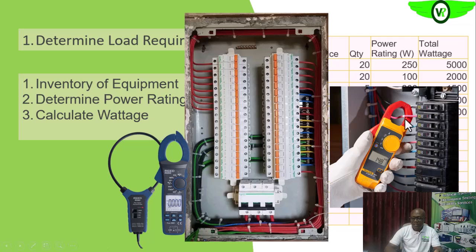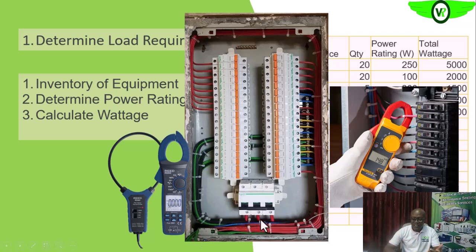You can take it either on the load directly, or you can place it here, maybe with a flexible current meter like this. You place it here to get the current reading, that is, the amount of current that the loads you want to power will exert on the power system.